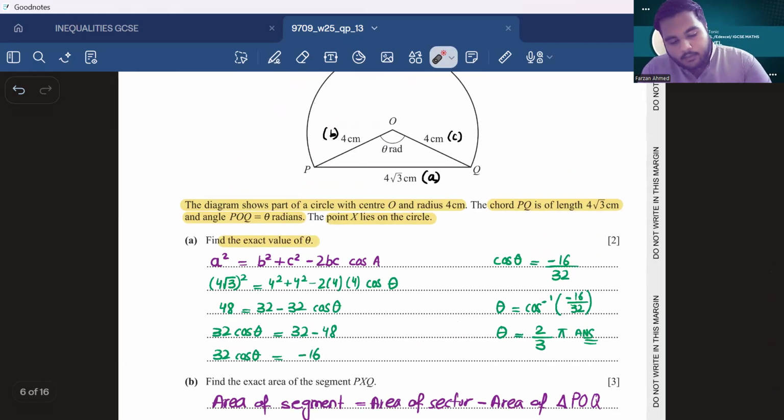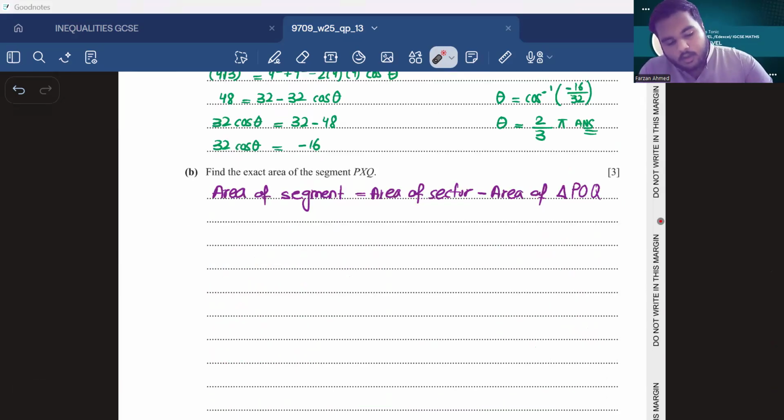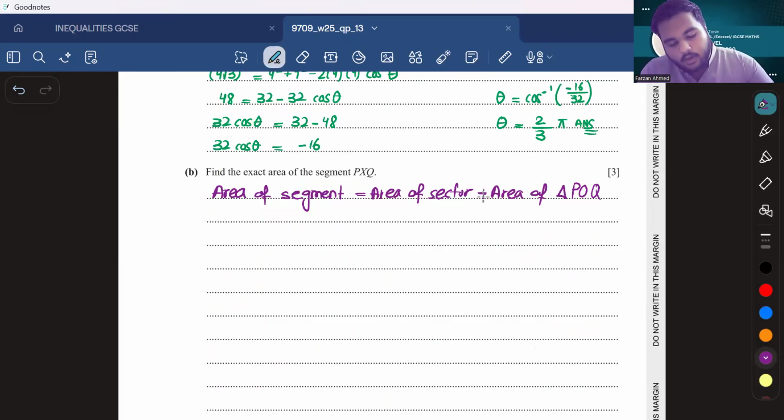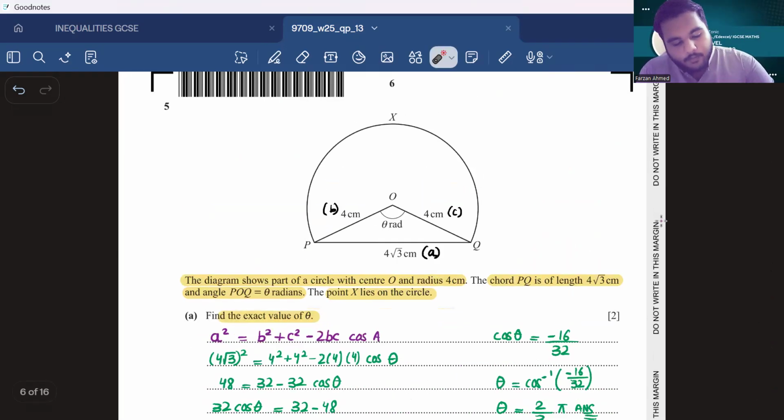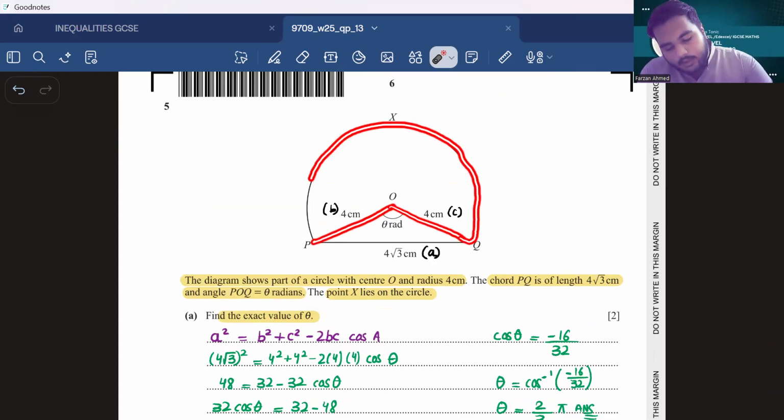This is the area of triangle. The formula is area of sector plus area of triangle POQ. Where is the area of sector? This is the area of sector.